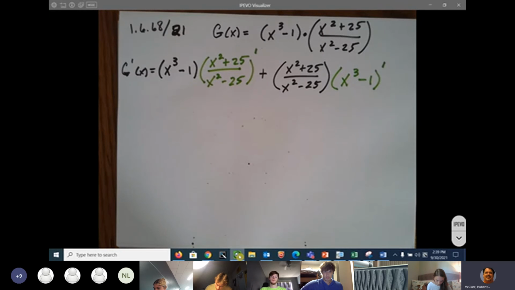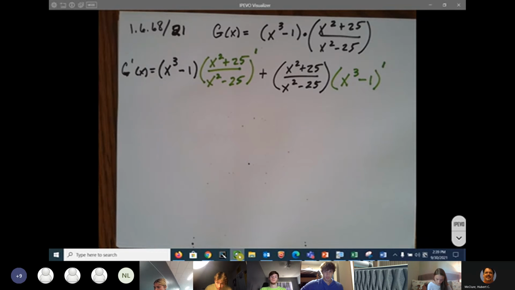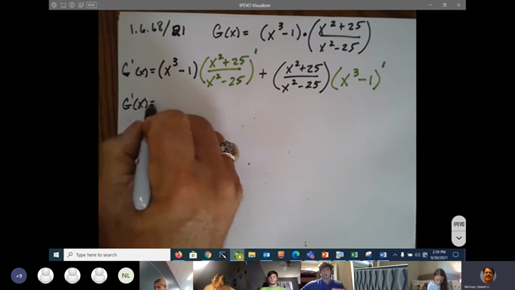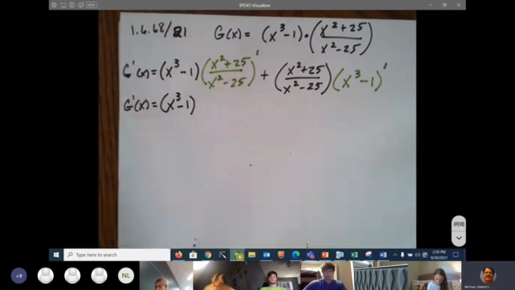All right, so let's go ahead and rewrite it. G prime of x is equal to x cubed minus 1.